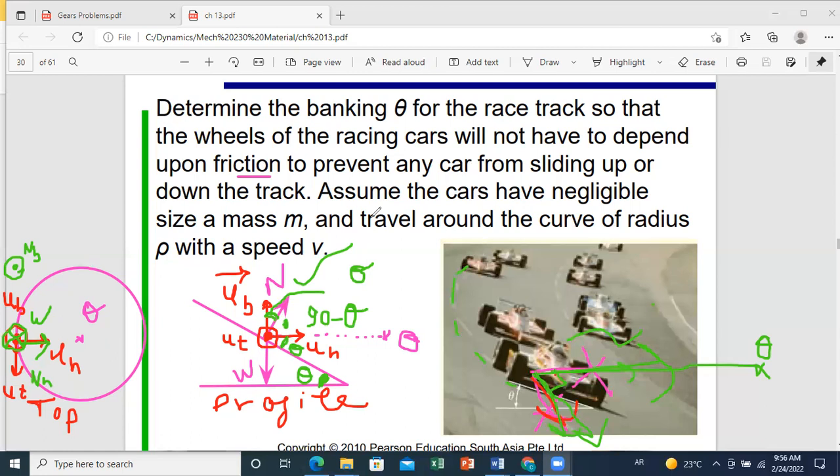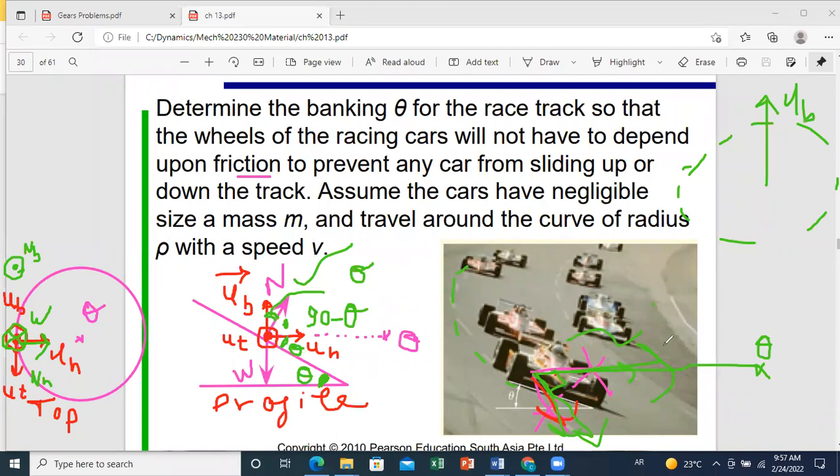So UB cannot be horizontal, because your plane of motion is a horizontal circle. If you look at your cars moving on a horizontal circle, UB should be along the perpendicular direction to the circle. The only possibility is that UB is along the vertical line.